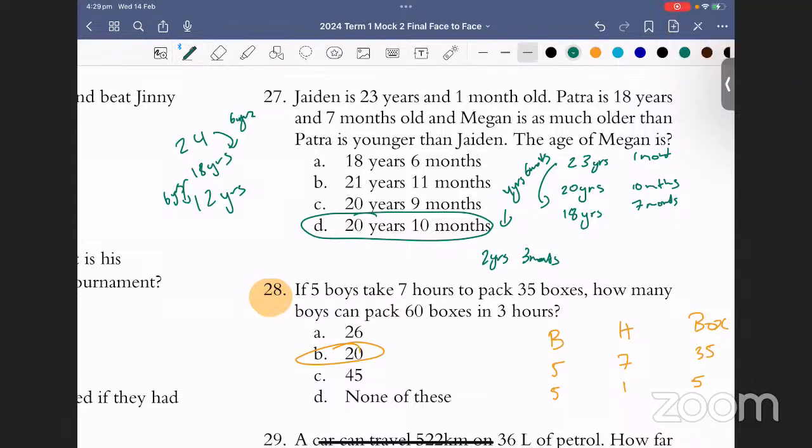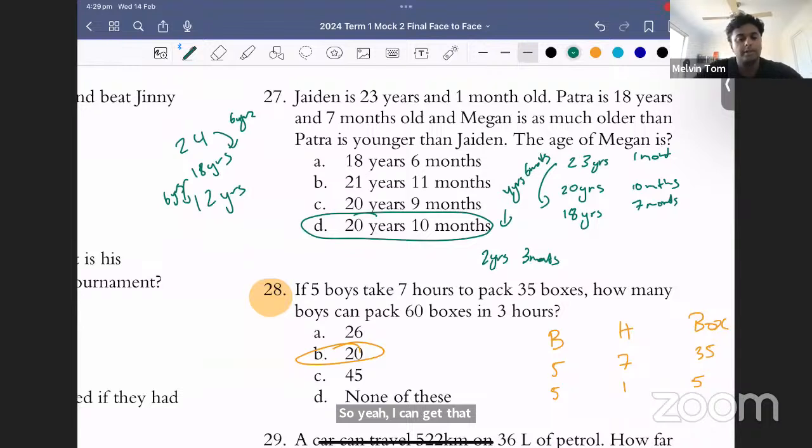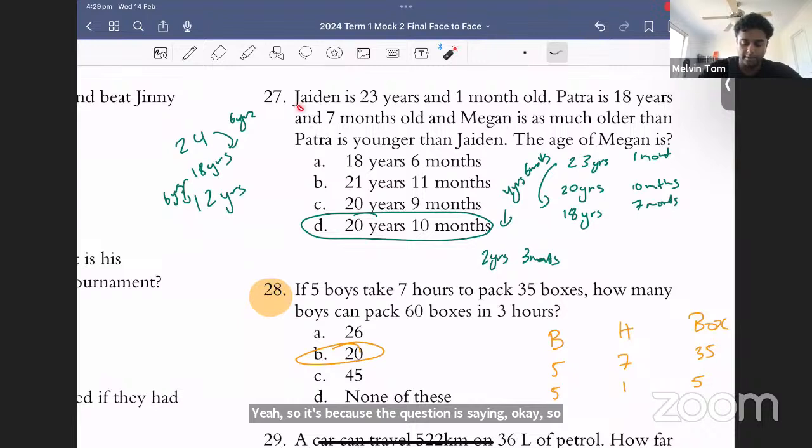I didn't understand the question. Which part, Arush? You know how you halved it? I don't get that part. It's because the question starts off saying Jaden is at this age.